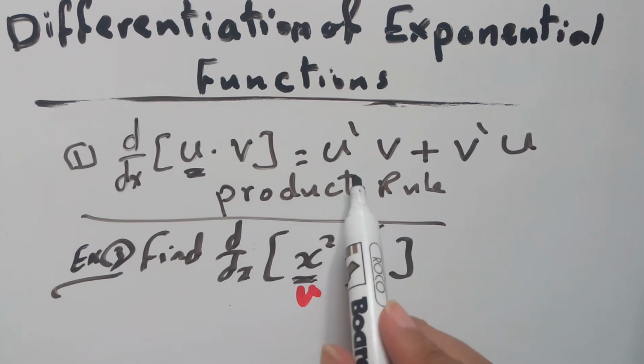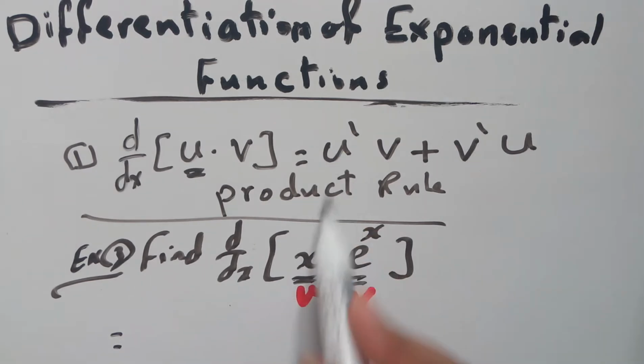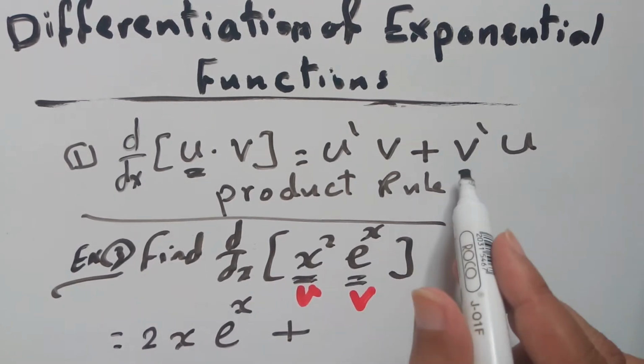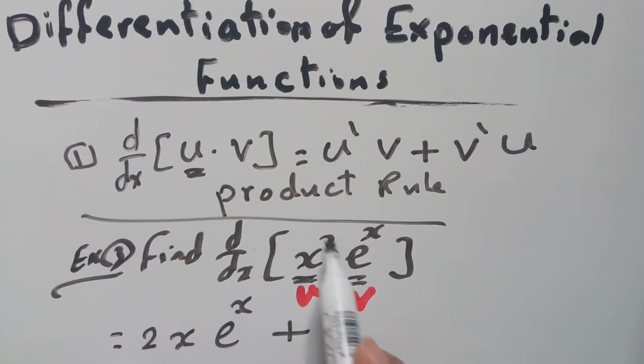Then apply the first rule here. Then the derivative for this product, the derivative for the first, u prime here, it will be 2x, multiplied by the second itself, e to the power x. Then add the derivative for e to the power x, still e to the power x. Then multiply by the first, it will be x squared.